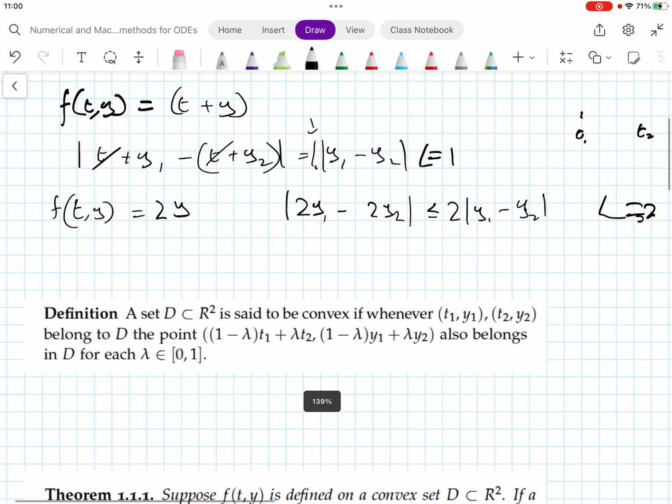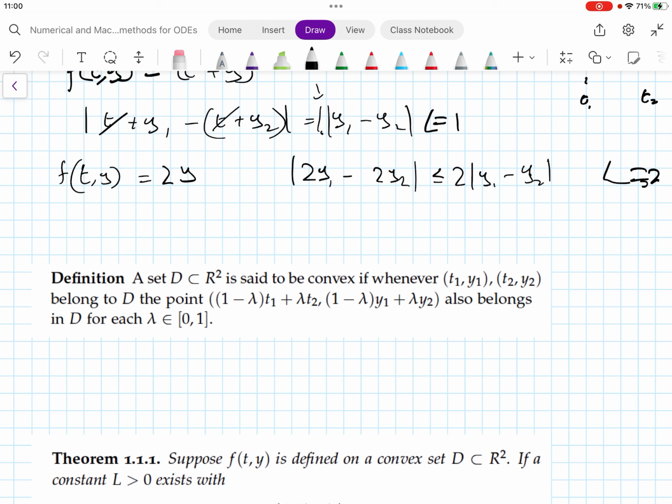So, this leads on to the definition of a set D, which is a subset of R squared, so once again, that's a domain D, is said to be convex if whenever the points (t1, y1) and (t2, y2) belong to D, the point ((1 minus lambda) t1 plus lambda t2, (1 minus lambda) y1 plus lambda y2) also belongs in our region for lambda between 0 and 1.